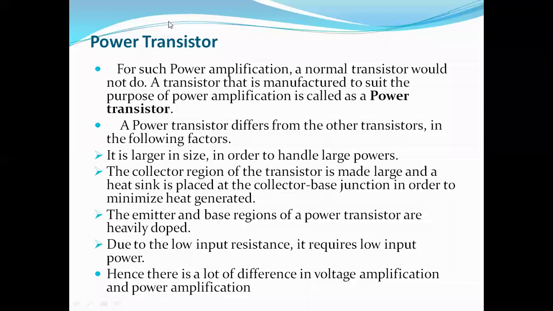So what is meant by power transistor? A transistor that is manufactured for the purpose of power amplification only is called a power transistor. Okay. So power transistor is different from the normal transistor in the following factors.